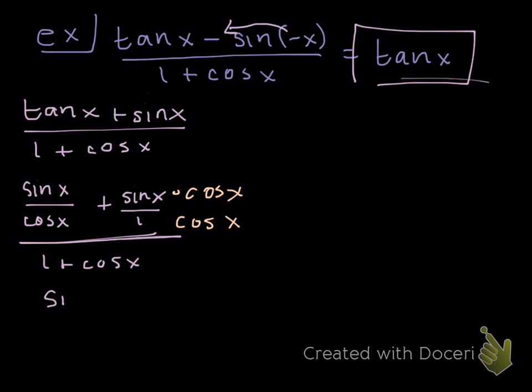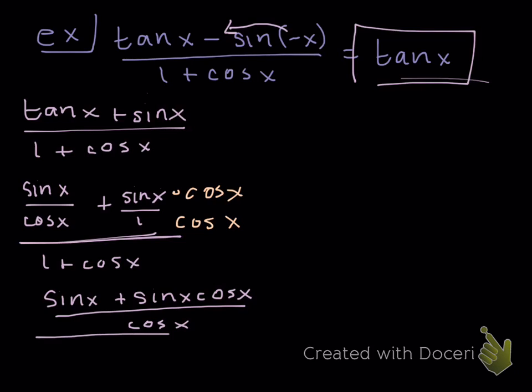So I'll have sine of x plus sine of x cosine x. This is over cosine of x. And then this is still all over 1 plus cosine of x. Okay, and again, I skipped the step of writing sine x cosine x over cosine x and just went right to that point where I got common denominators for that reason and I wanted to put them together. So that's what we did.